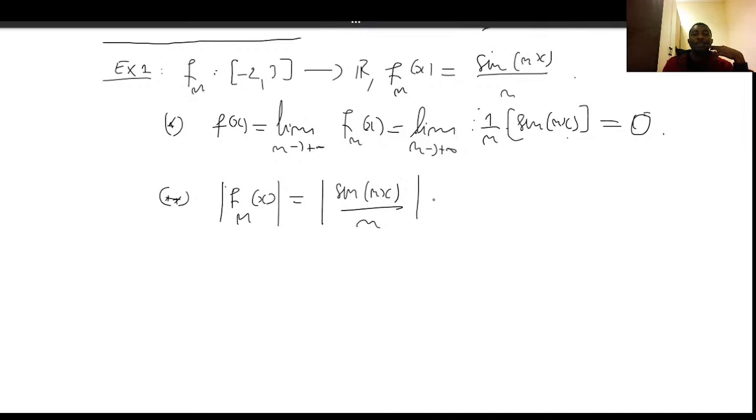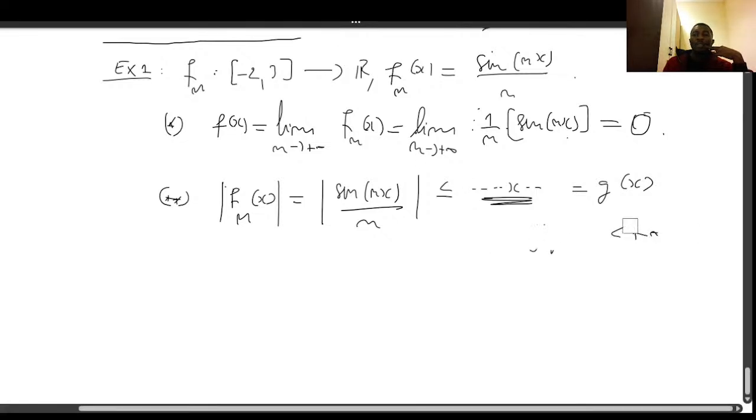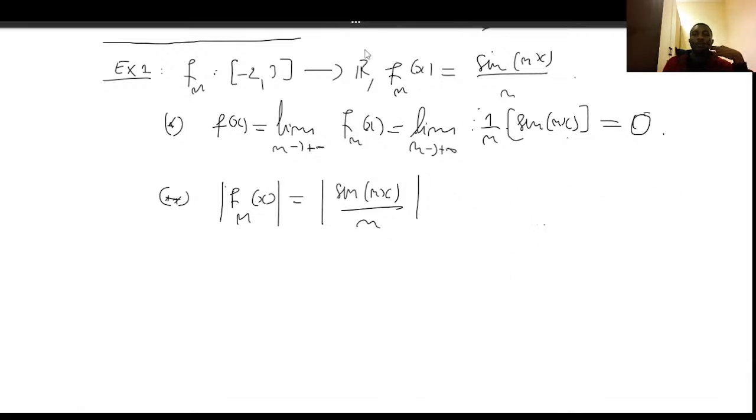My aim is to see if this will be less or equal to an expression of x only, without n inside. I will call this expression g of x, and I will check if I can integrate g of x and find something that is finite. That is the strategy I'm going to use here. So let's continue and see if we achieve this aim.